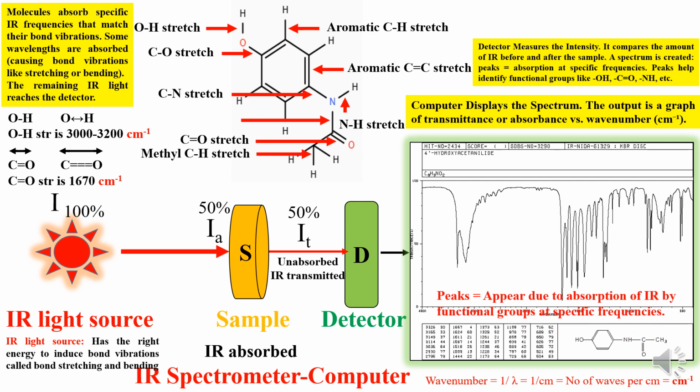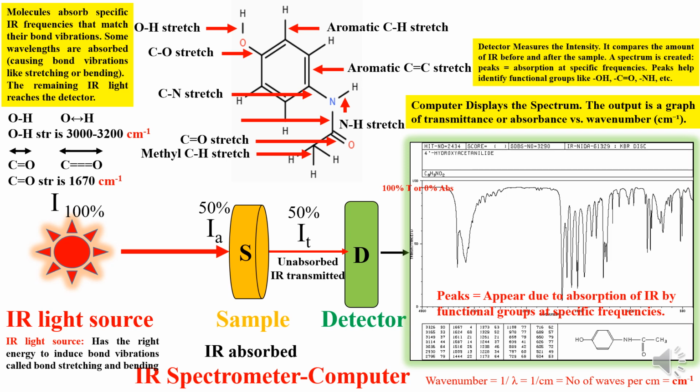Now, why do the peaks appear in the IR spectra? The peaks appear due to absorption of the infrared radiation by the functional groups at specific frequencies. So whenever there is absorption of radiation, the peaks appear.